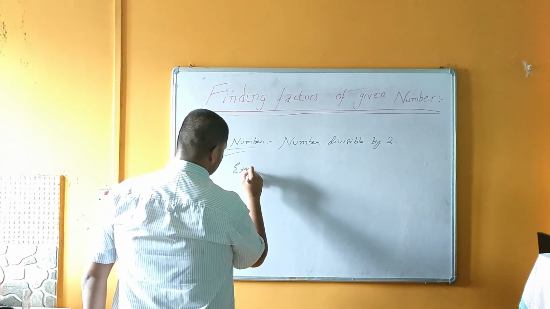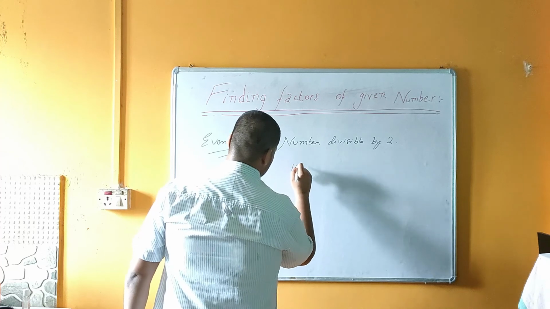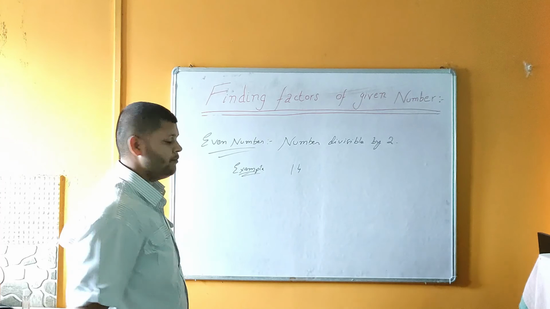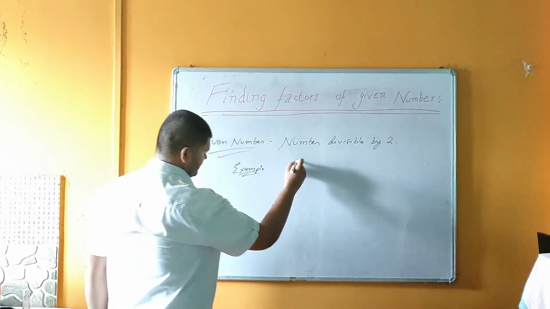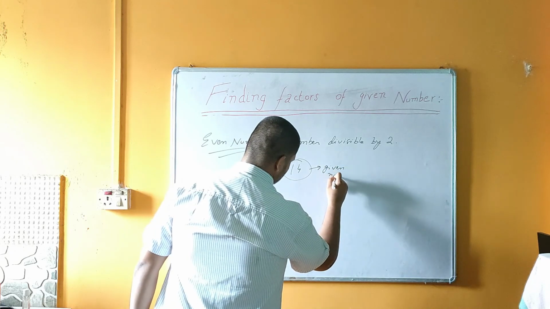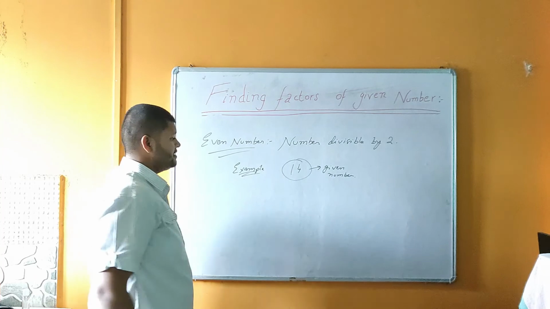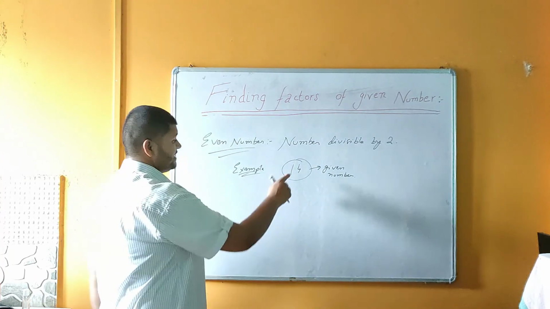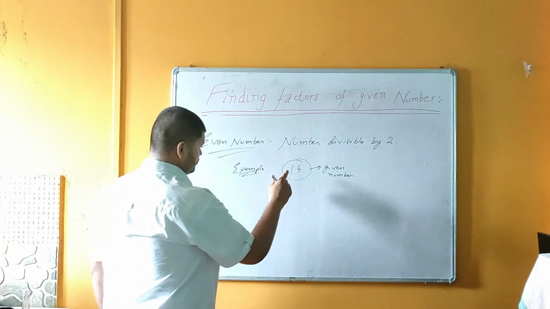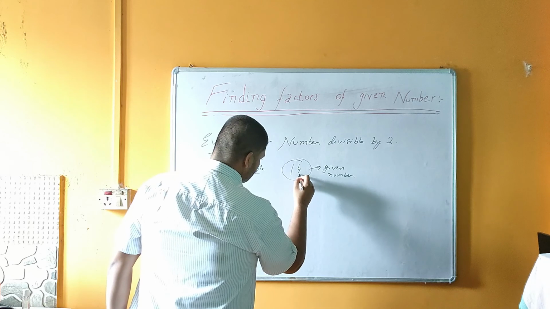We will determine. Here 14 is taken. How can we say that this number is an even number? To tell this is an even number, you have to see the unit digit.